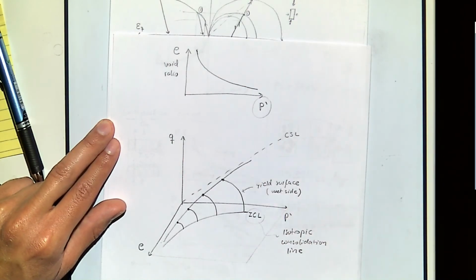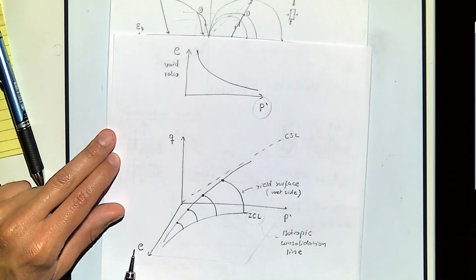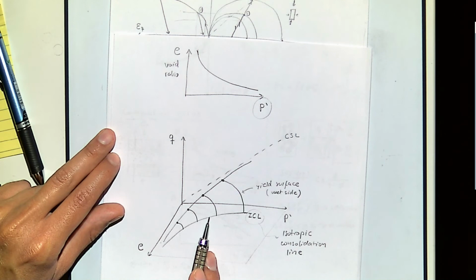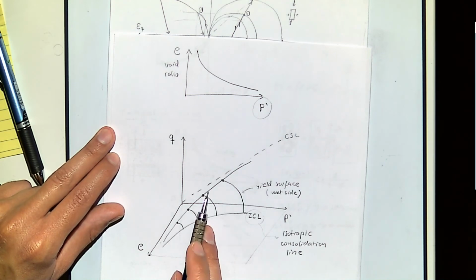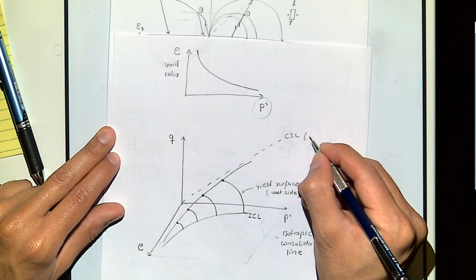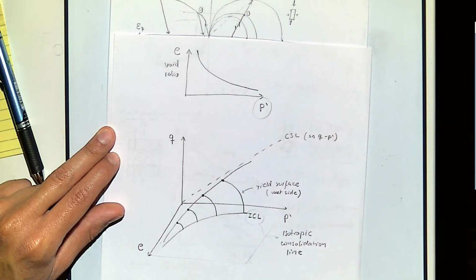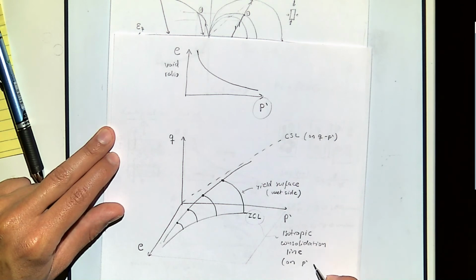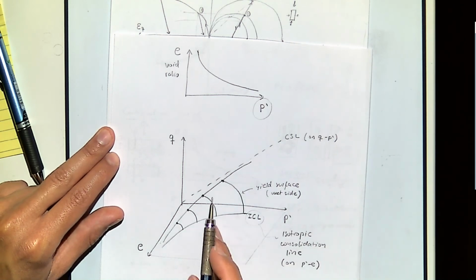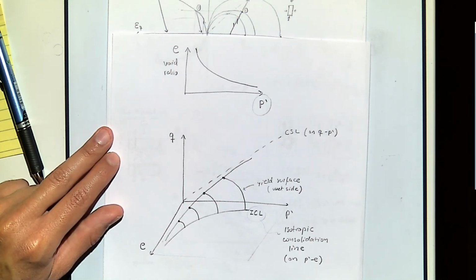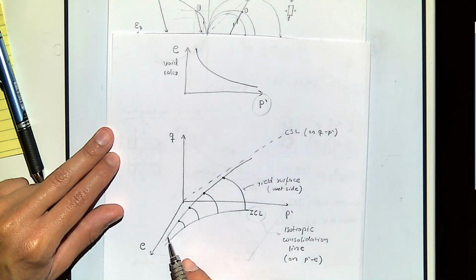Yeah, but on Q void space. That first, the top solid line. The upper limit of the yield surfaces. Well, this one is on the Q P prime plane. CSL. ICL, it's on the P prime e plane. And this one is a 3D line, which is not in any plane.